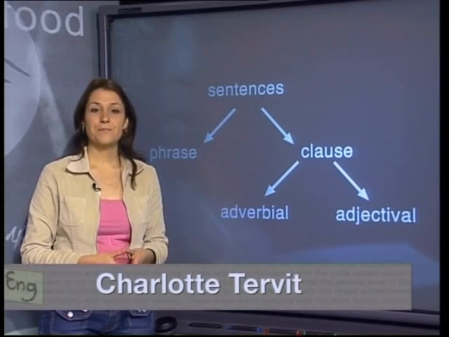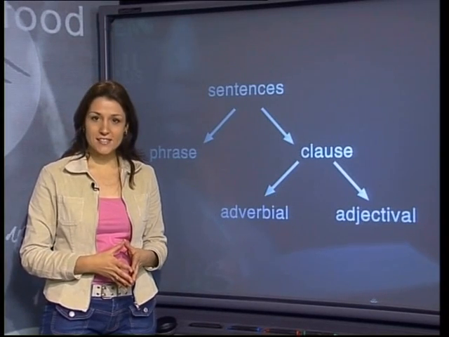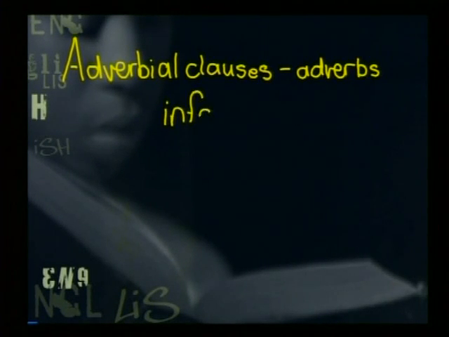Here it is again. This shows how sentences split up into different parts. Last time we learnt about adverbial clauses. Those clauses worked as adverbs in sentences. They gave us more information about the verb.